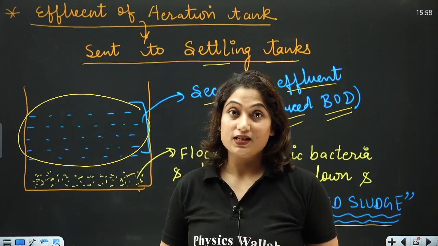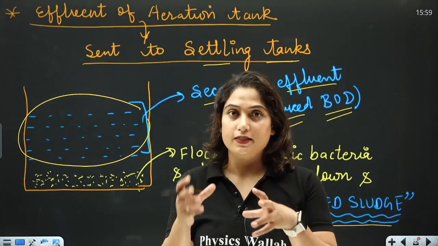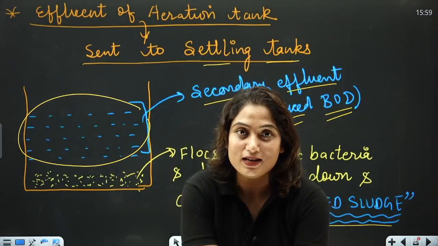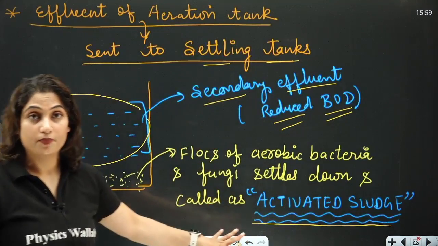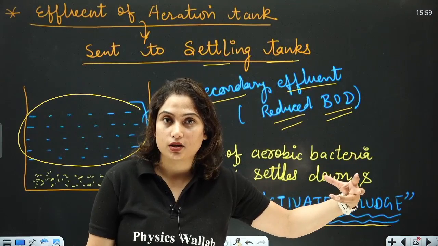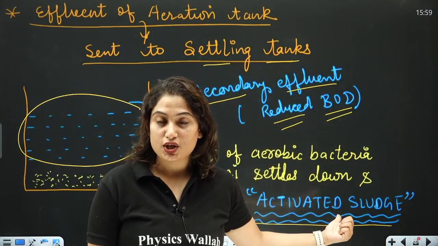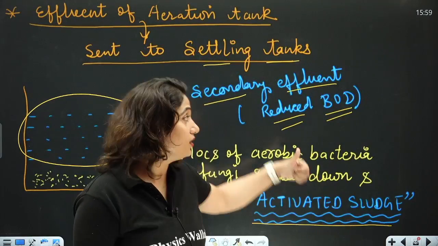And what happens in the settling tanks? The aerobic bacteria and the fungal filaments settle down at the bottom, and that is activated sludge. This is important. What was primary sludge? It was the heavy dirt, physical dirt. But what is activated sludge? They are flocks of aerobic bacteria and fungal filament which are settled down in the settling tank.